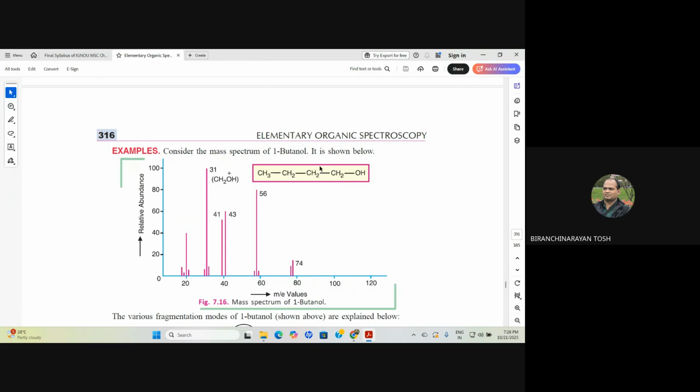So we will fragment here, so that we will get CH2OH plus. This is at 31. That is the base peak in most primary alcohols, or any aliphatic primary alcohols. These signals correspond to the formation of the oxonium ion CH2OH plus.